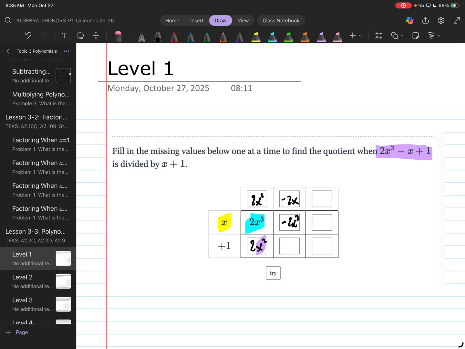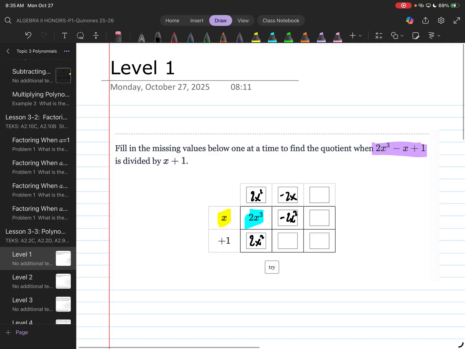Right? This will allow for this 2x squared right here, for this and this to cancel out because we don't have any x squareds. And everybody, there are so many iterations of polynomial division. You just need to be looking out for those things. Okay? Well, let's keep filling in the box.